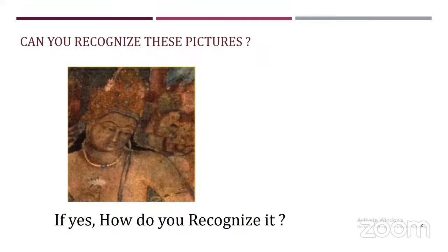How are we able to recognize that this picture has been taken from there? We are able to say it because somewhere, somehow, we have encountered it personally, or we have seen it on the internet, or someone has explained it to us.